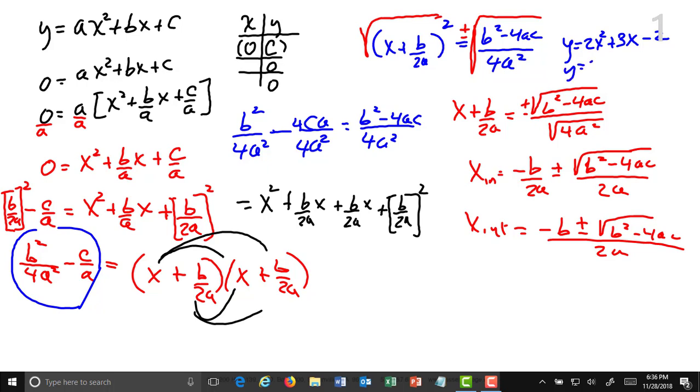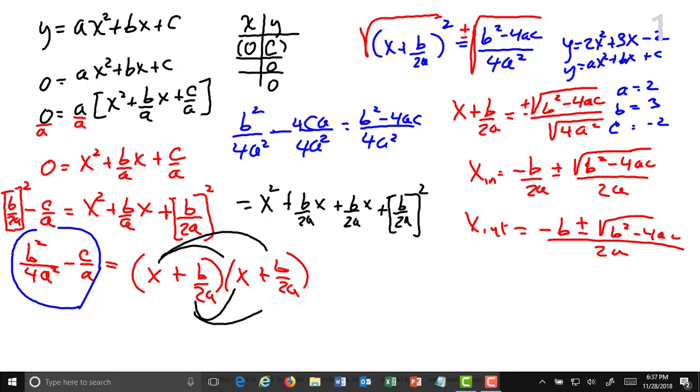Remember y is equal to ax squared plus bx plus c, yes? What is a equal to in this problem? 2. What is b equal to? 3. And what is c equal to? Minus 2. You see it?